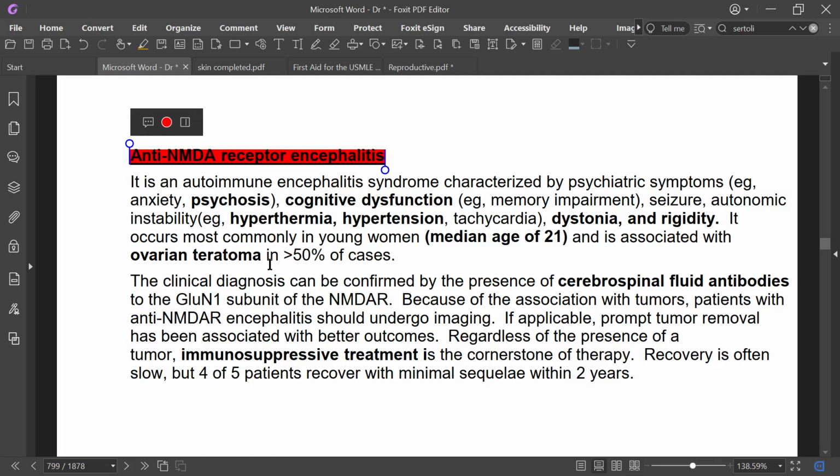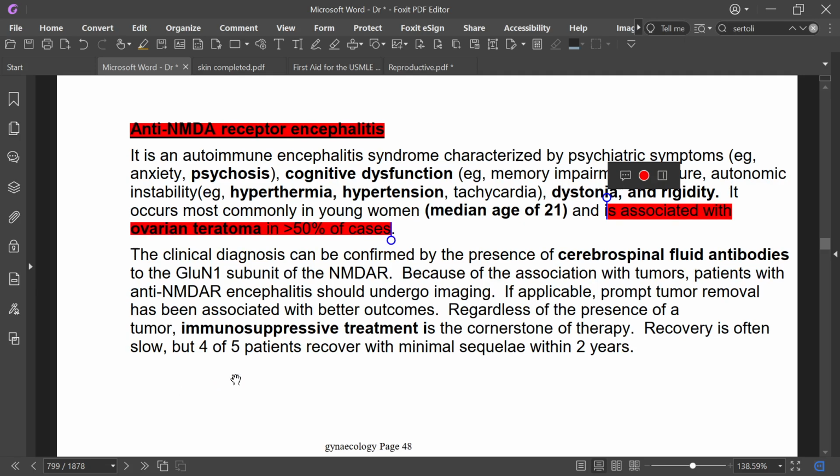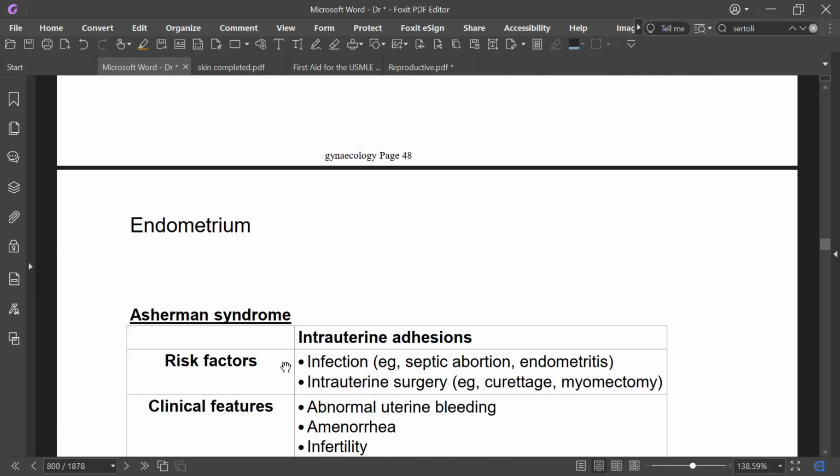This type of patient has underlying ovarian teratoma in 50% of cases, so the association should be ruled out. Regardless of the presence of tumor, immunosuppressive treatment is a cornerstone of the therapy. Recovery is slow.